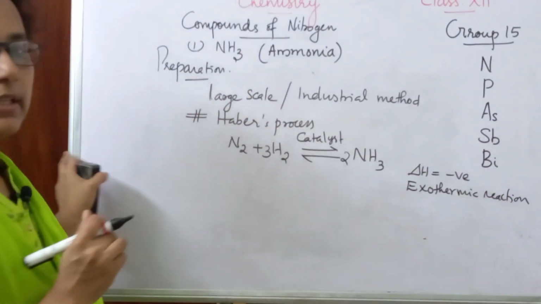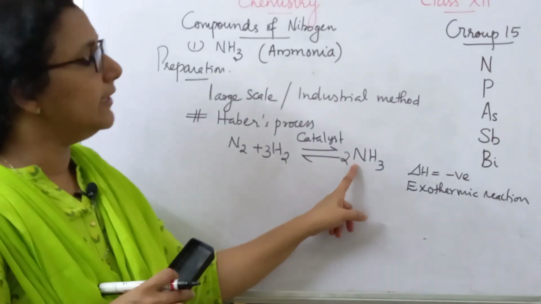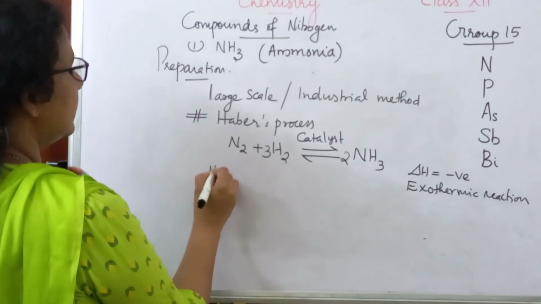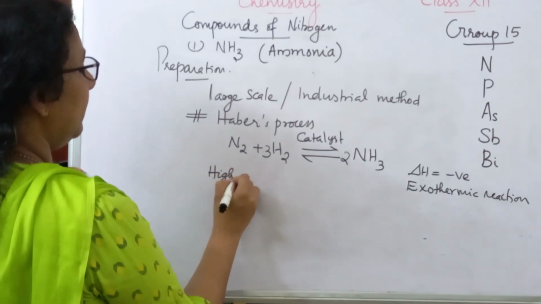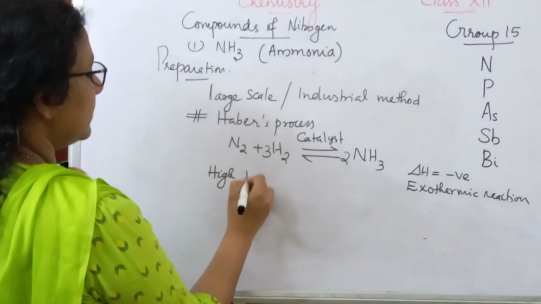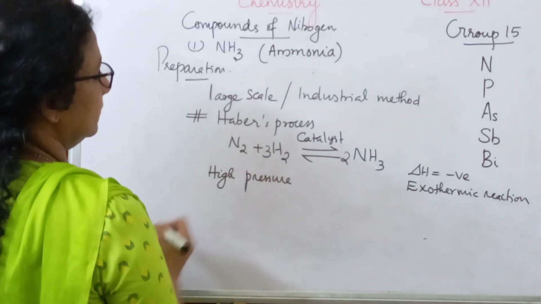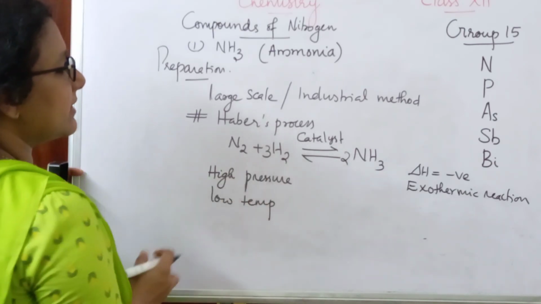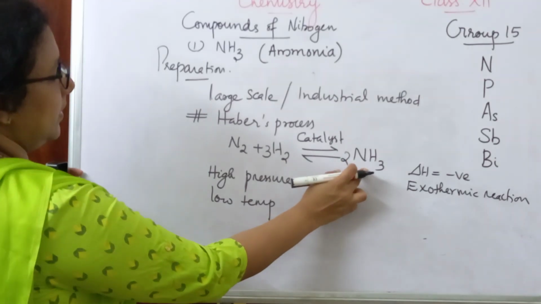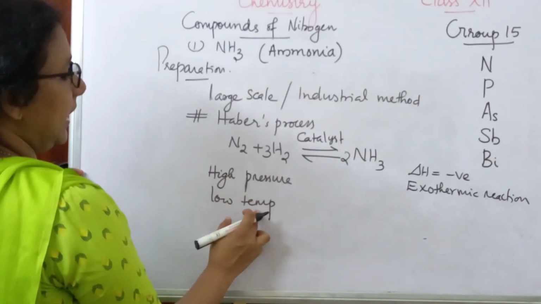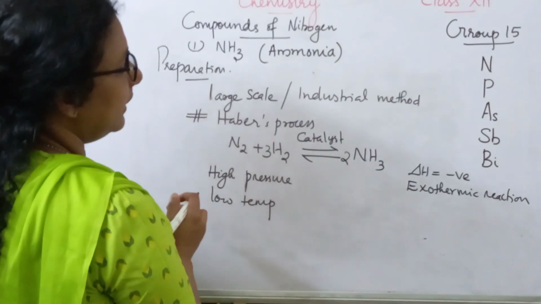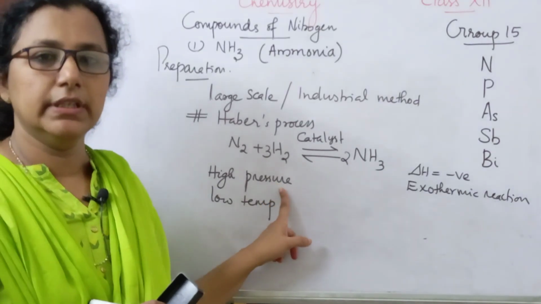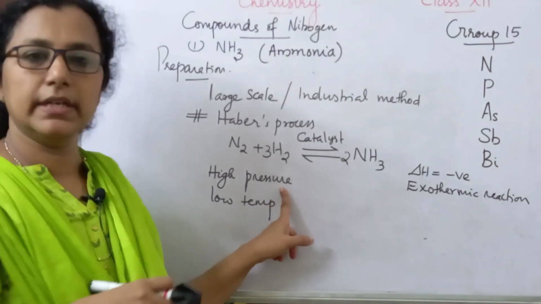According to Le Chatelier principle, in order to maximize the yield of ammonia, we need to apply high pressure and low temperature. As we have studied, if you are applying pressure, the system will try to decrease the pressure.